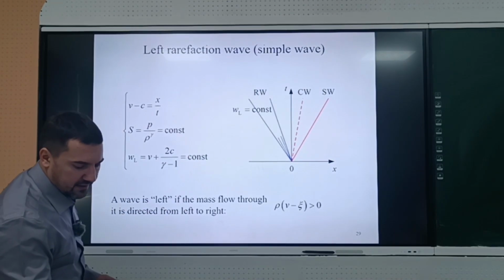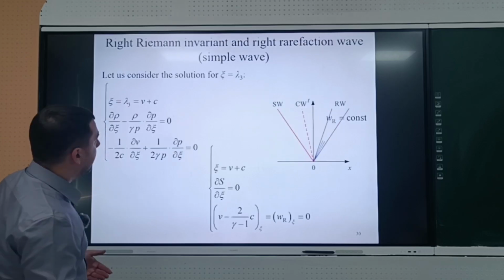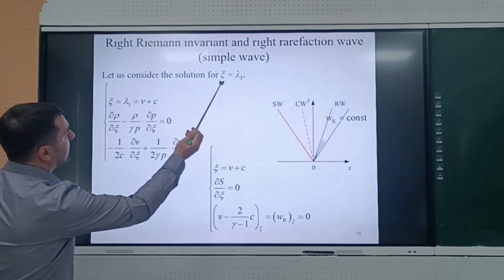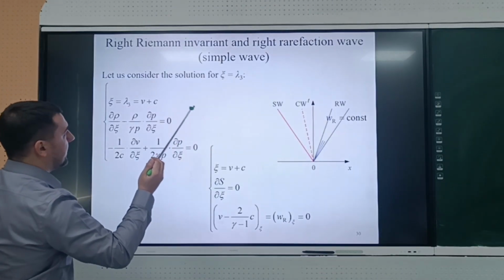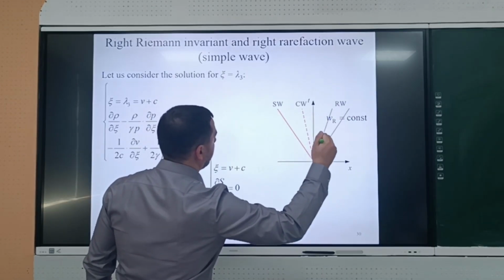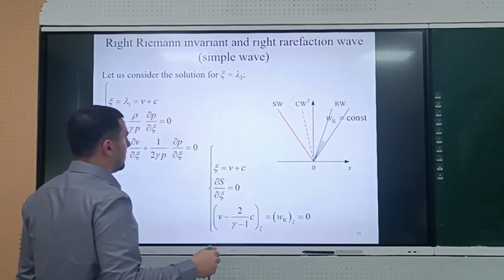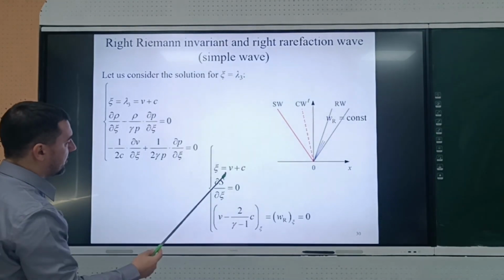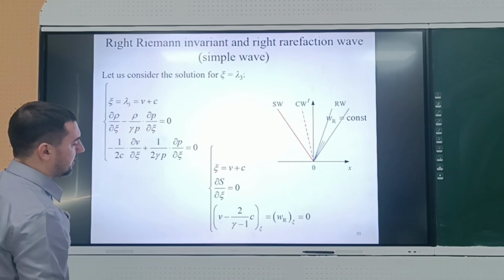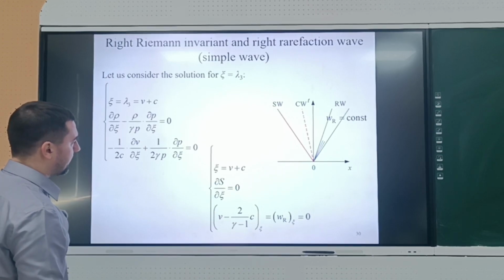It's possible to say, considering another case when xi equals lambda 3, that the solution here for the right reflection wave also corresponds to a simple wave, corresponding to when the right Riemann invariant equals 0.